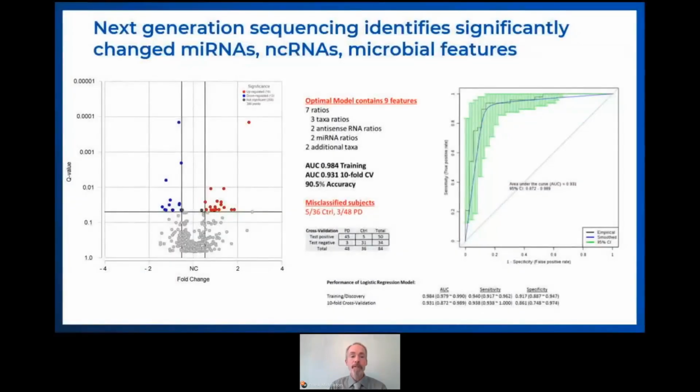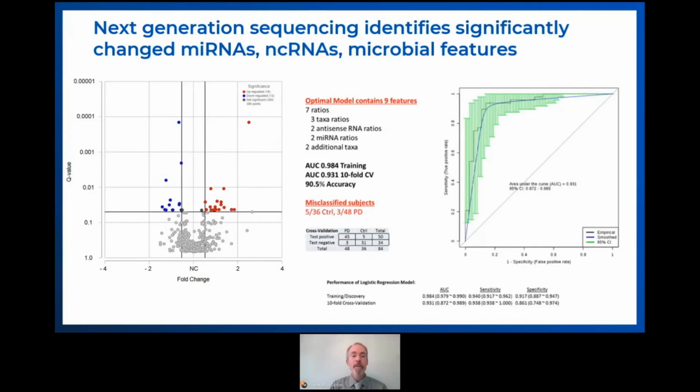Just looking at differences in expression on the left side of this plot, you can see what's a traditional volcano plot showing the corrected p-value compared to the change in Parkinson versus control. And I'm just showing you what we saw was significantly different between the groups, and the training set of subjects for the human microRNA.